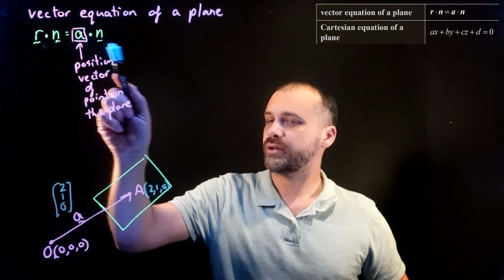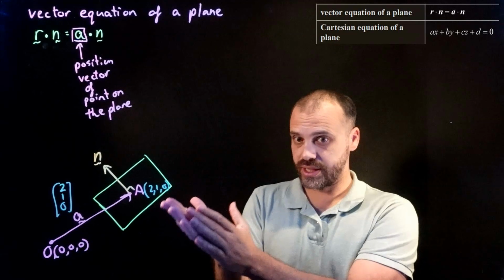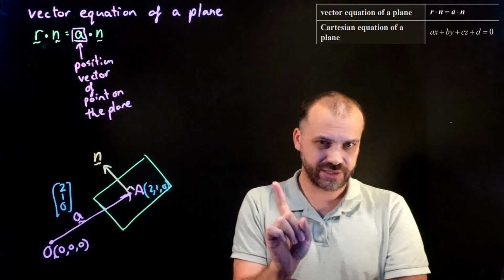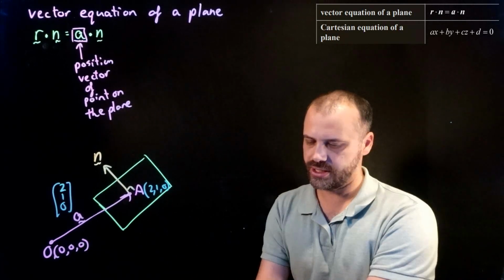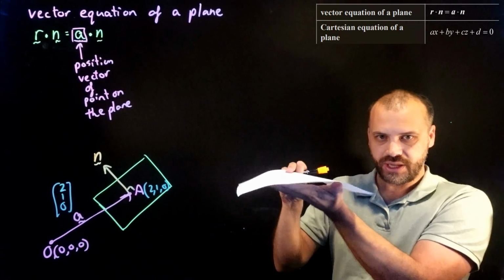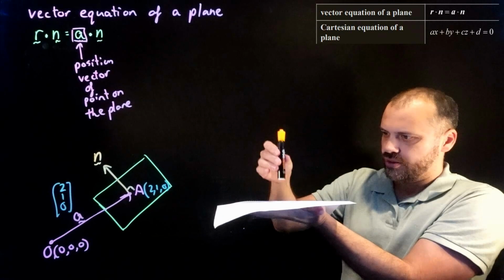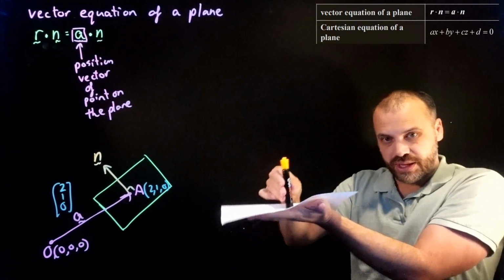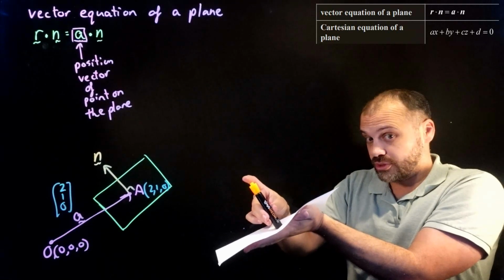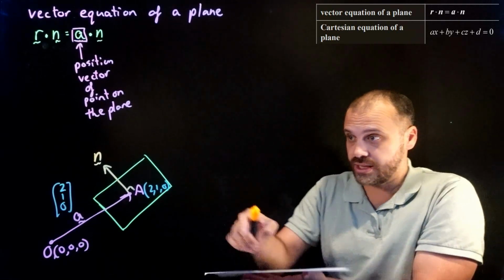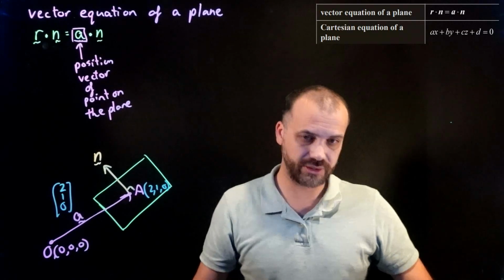Okay, what about n? There's n. n is a vector that is normal to the plane. So if I had my plane here, let's go in 3 dimensions, and we've got a flat plane. This vector, if it makes a right angle with the plane, we call the vector that is normal to the plane, vector n. You can see I've drawn it with a little right angle here.